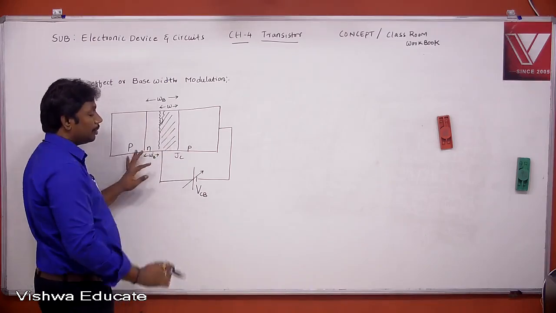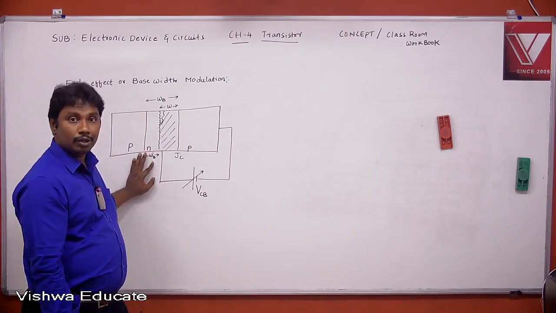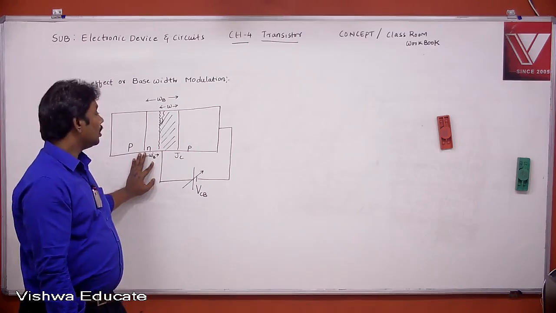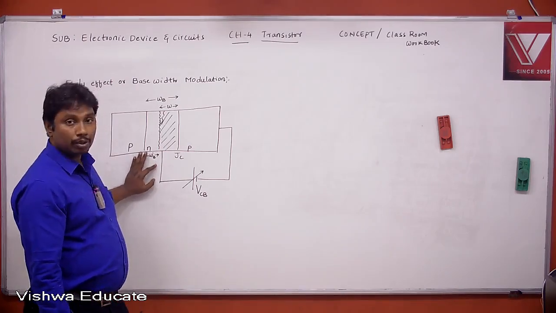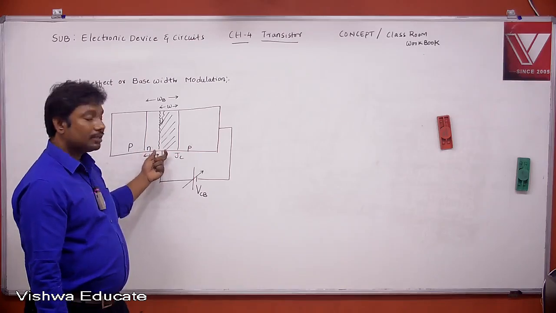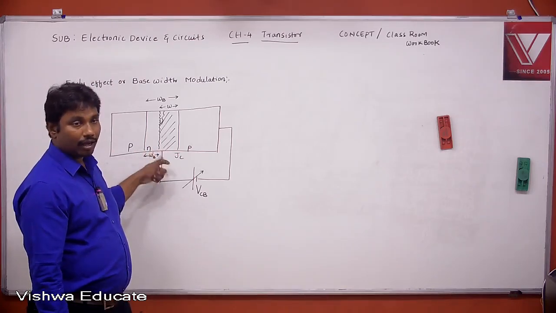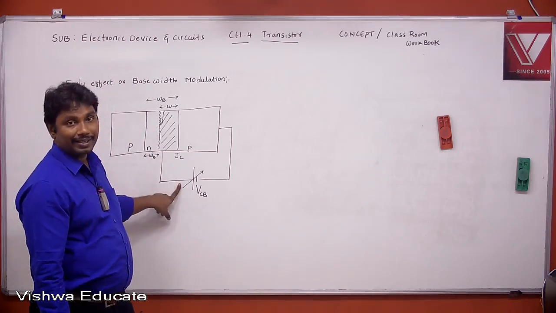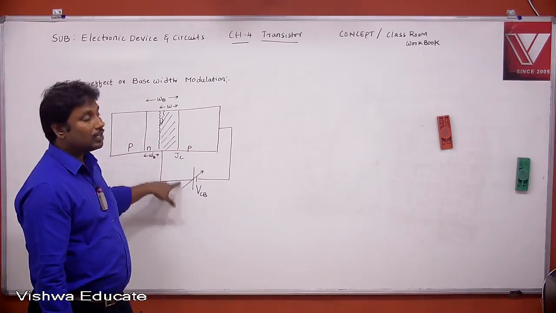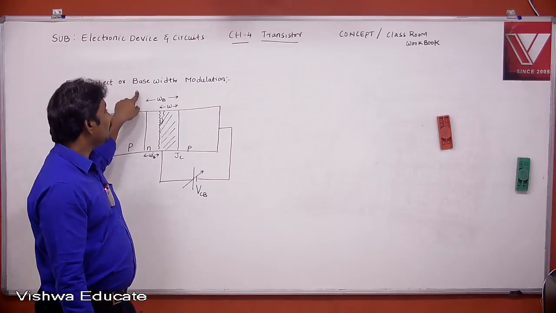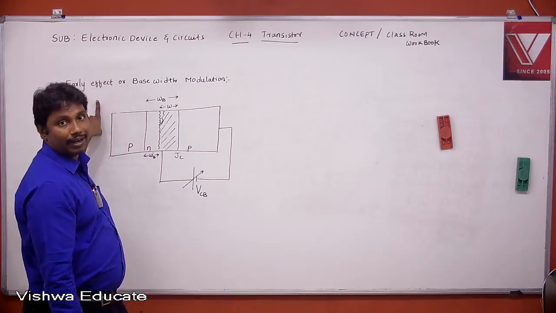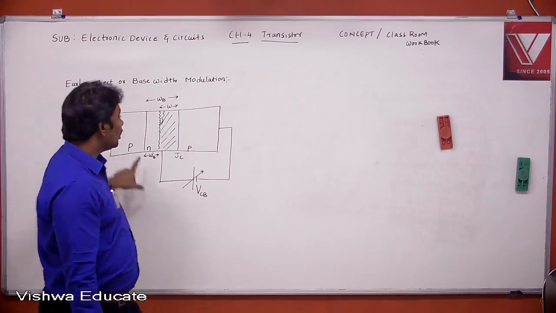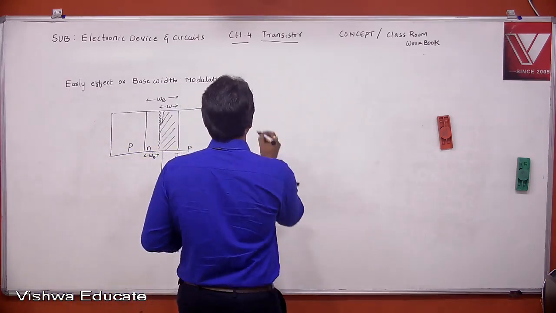The base side, because the base is lightly doped, due to which the base width is decreased. The decrease of base width due to increasing reverse voltage is called base width modulation or early effect. Right? Now from this, how much is the base width decreased actually?